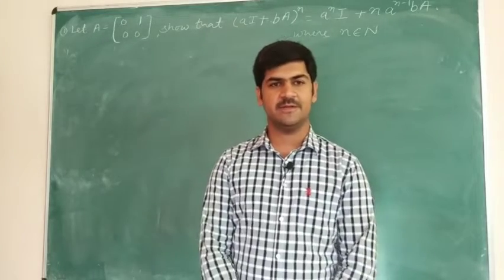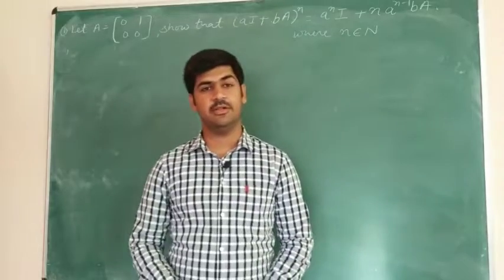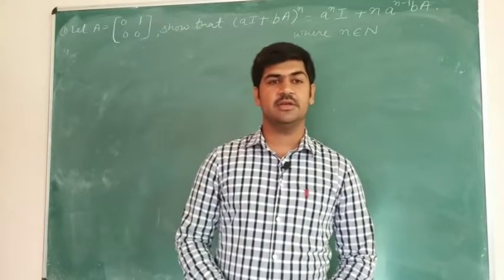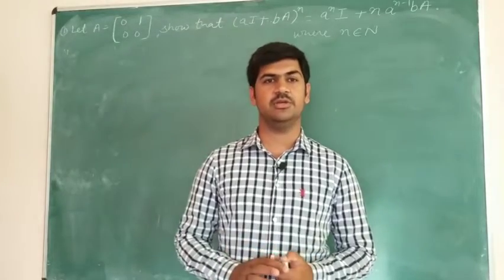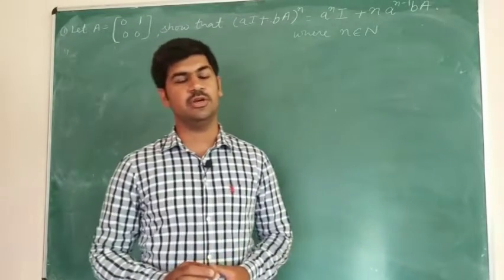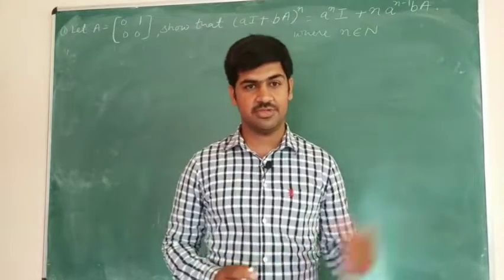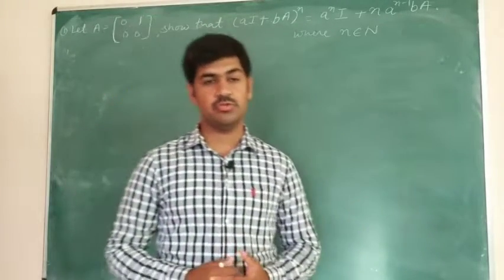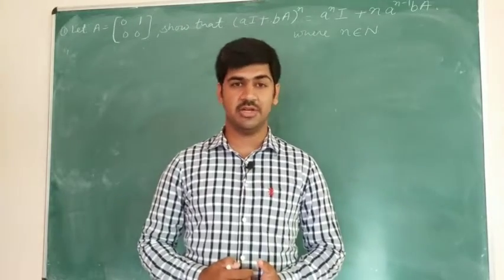So in this process I am taking the first example, a question on matrices to be done using the principle of mathematical induction. So what is the question? You can see we have some more questions in this chapter which are to be done using the principle of mathematical induction.